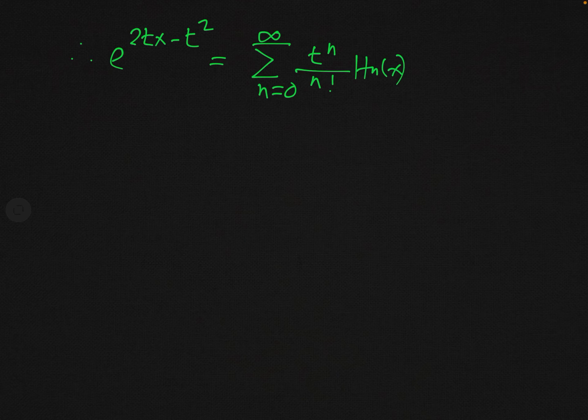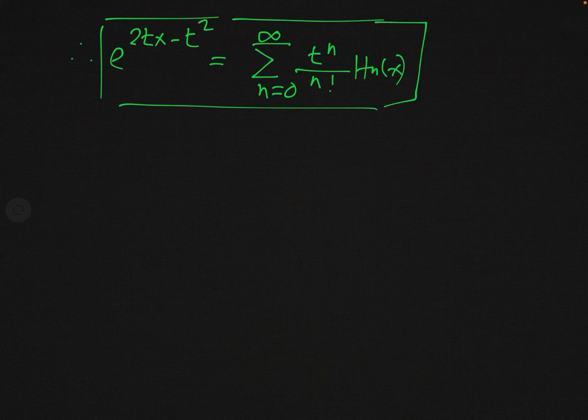And this is the result which was to be proved. So this is all about the generating function of Hermite polynomial of order n. In the next lecture we will see an alternative expression for Hermite polynomial, and then we will solve some numerical problems.